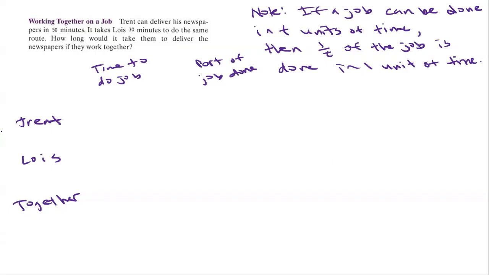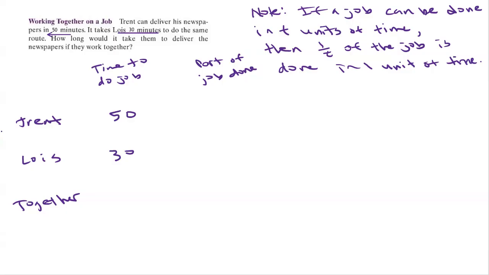Okay. So in this case, it says Trent can deliver his newspapers in 50 minutes. So for time to do the job, I would write 50 here because that's how long it takes Trent to complete the job. Okay, and it says Lois, it takes her 30 minutes to do the same job route. So I put 30 here.